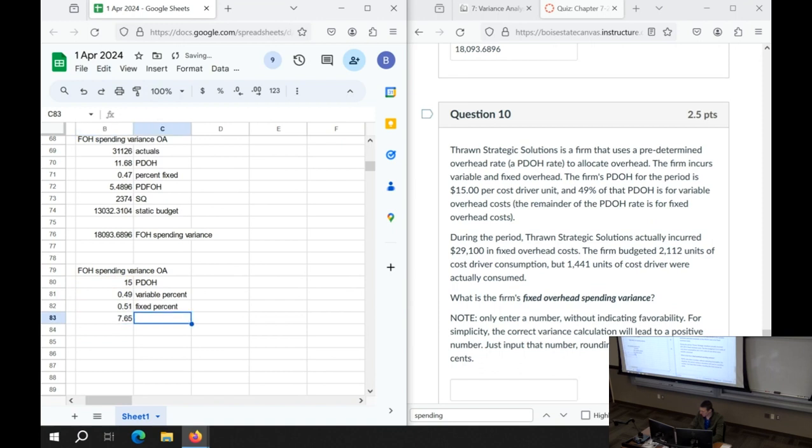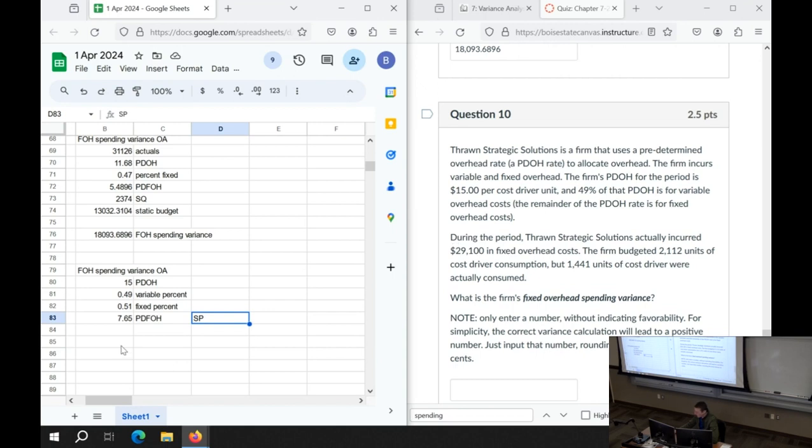So we're going to multiply that. That should be our predetermined fixed overhead rate. $15 times 51%, 7.65. Kind of surprised that's even. Oh well. Maybe I shouldn't be. Okay, so that's our standard price, in case we need that.